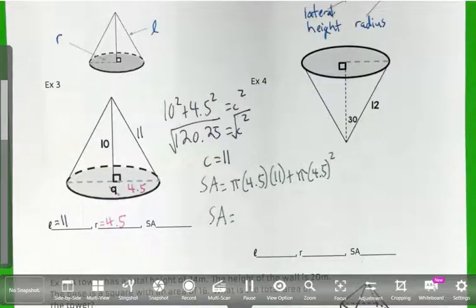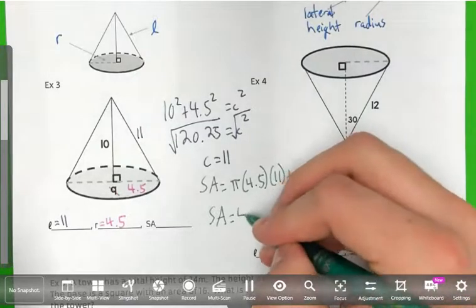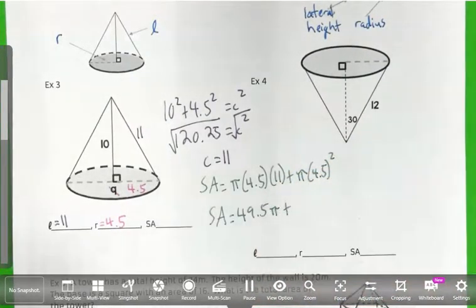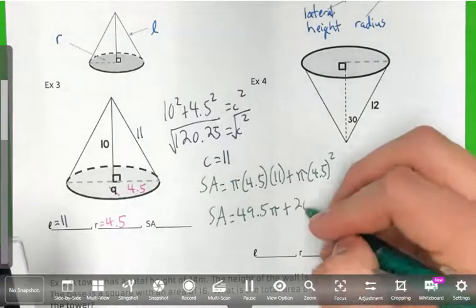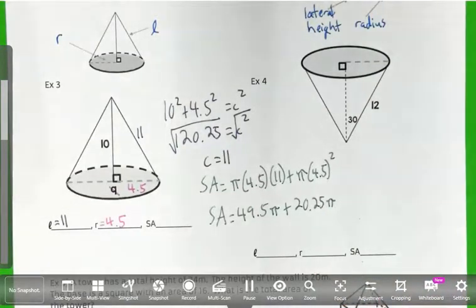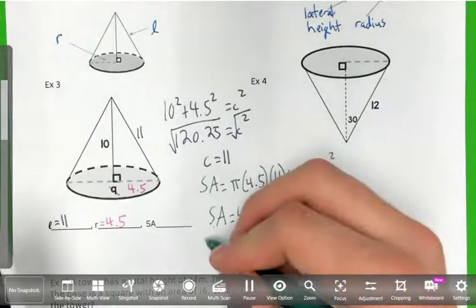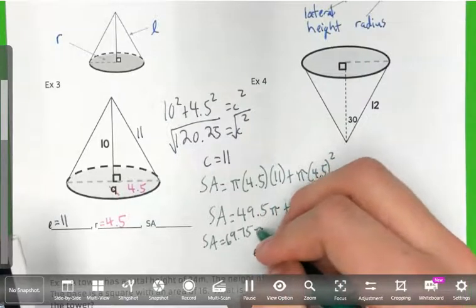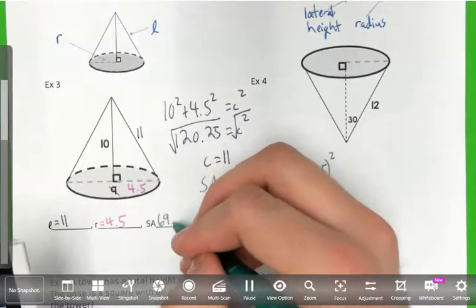So 4.5 times 11 is 49.5. So we have 49.5 pi plus 4.5 squared is 20.25. So you can go ahead and combine those numbers, and we can see that our surface area is 69.75 pi. We'll go ahead and put that right here.